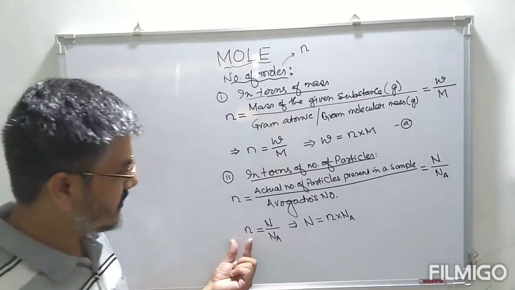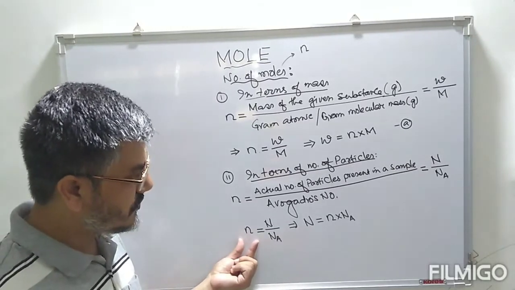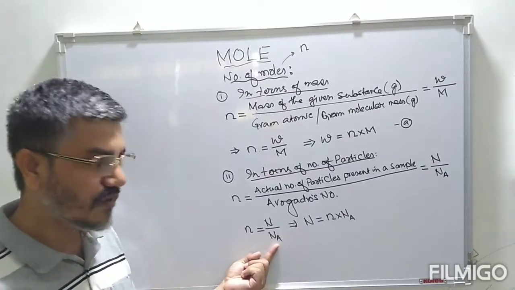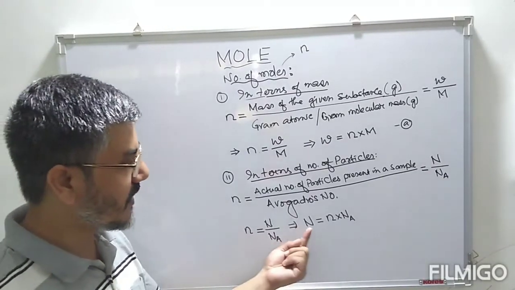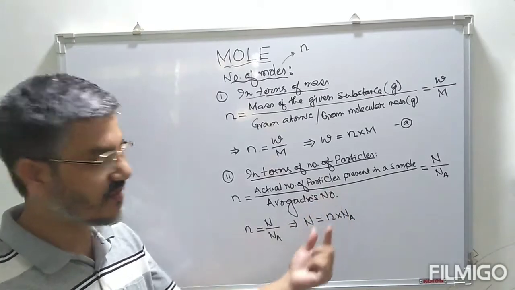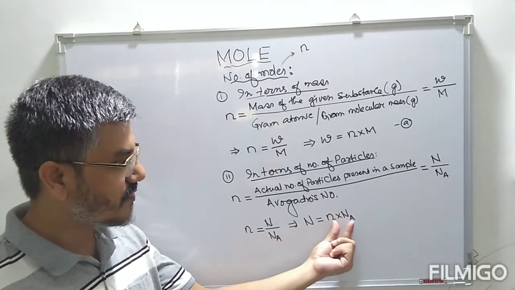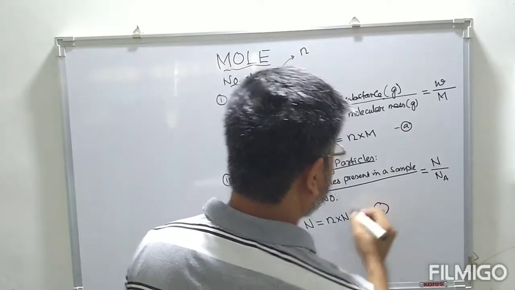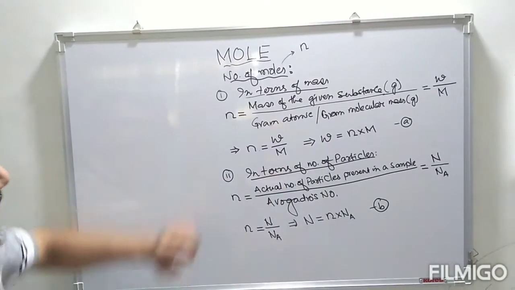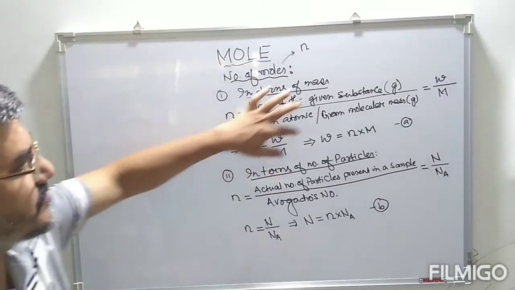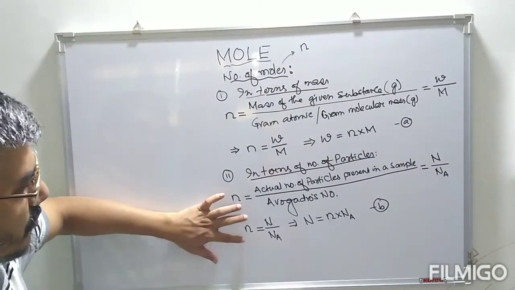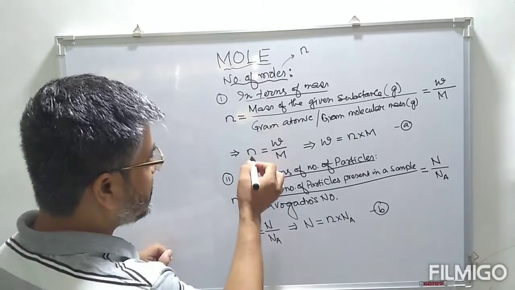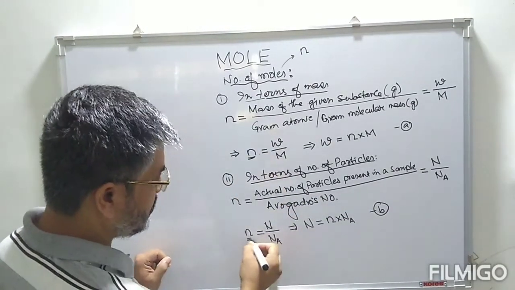So therefore look at this. The number of particles present in 1 mole is the Avogadro number. So the actual number of particles in any given sample is number of moles multiplied by Avogadro number. Let this be equation B. Now we have number of moles defined in terms of mass and number of moles defined in terms of particles. Both of these represent number of moles.